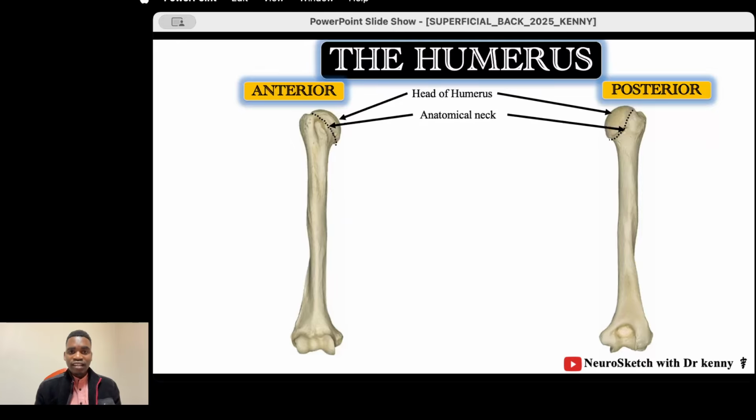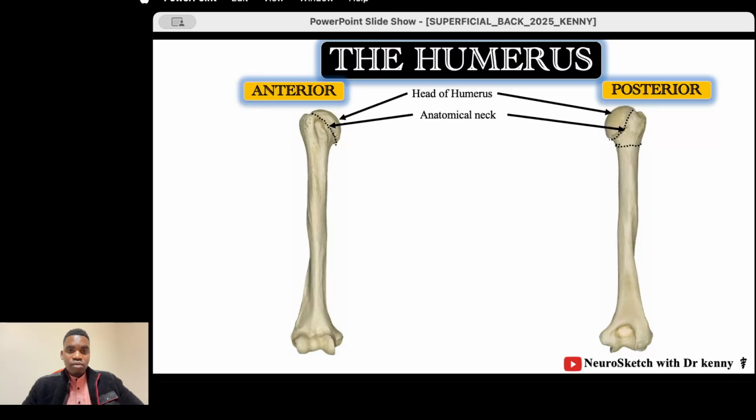This is how the humerus was created. There was a point that was said to be a neck, and this is the anatomical neck. But due to different research that was published, the humerus is more likely to be fractured at this part.